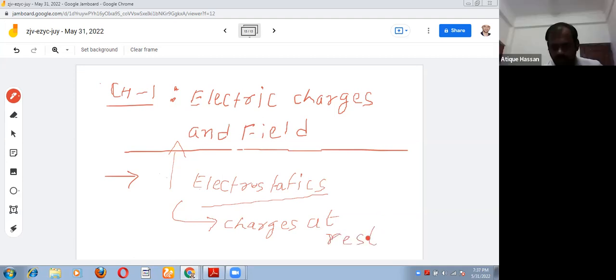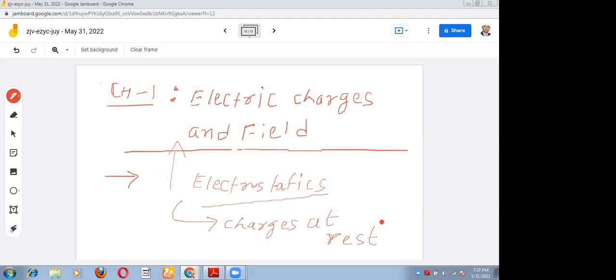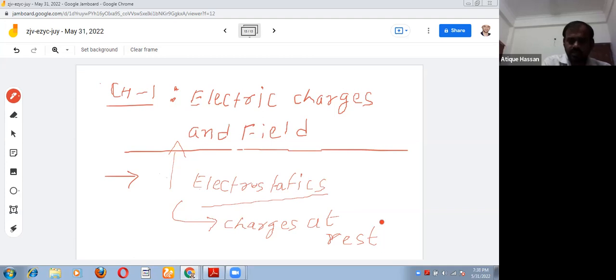Am I audible, both of you? Charges at rest. So what does it mean? It means whatever concept we learn or apply will all be related to charges, and there will not be any movement of charge. We will only have static charges, right?